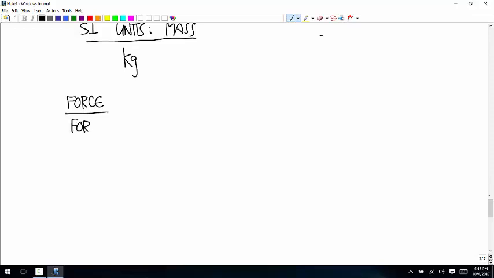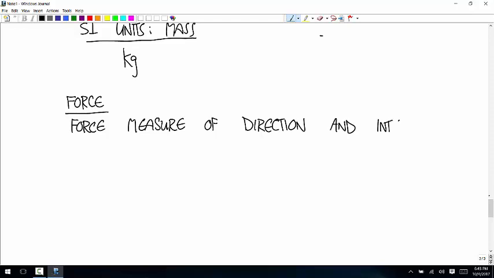And force is a measure of the direction and intensity of push or pull on an object. Since it includes direction, it's a vector.